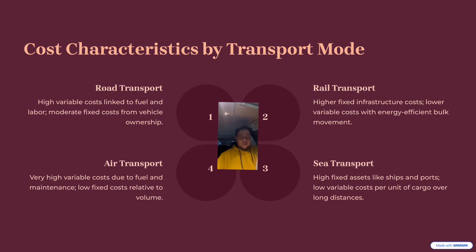Number 3 is air transport, very high variable costs due to fuel and maintenance, but at the same time low fixed costs relative to volume. And number 4 is sea transport, higher fixed assets like ships and ports, low variable cost per unit of cargo, but very long distance and long time.